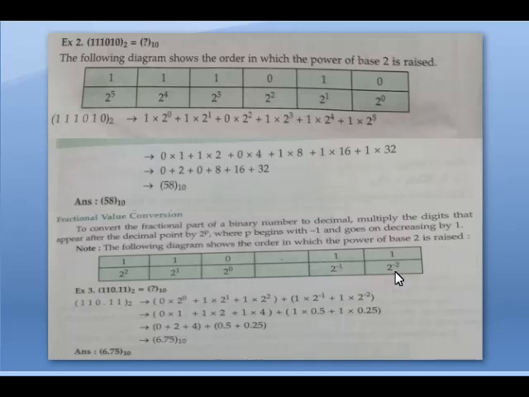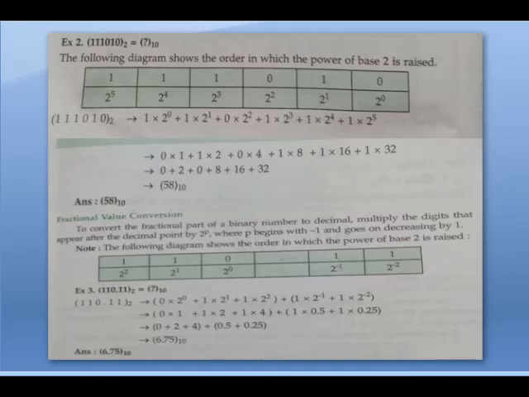Take 110.11. For the integer value we write 0 1 1 from right to left. The fractional value we write from left to right, 1 1. Here the integer powers are 2 power 0, 2 power 1, 2 power 2. Here it will be 2 power minus 1, 2 power minus 2, 2 power minus 3, 2 power minus 4, like this it will go.